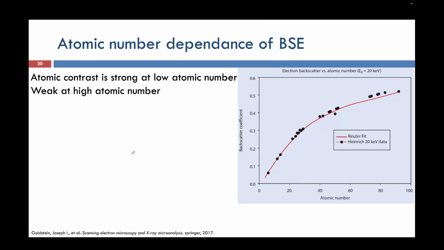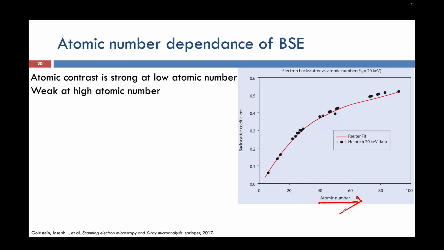And now we will see the atomic number dependence of the backscatter coefficient. This is the curve. I think someone in the previous class asked why we see phase separation when using BSE mode. This is an experimental curve. Here, as we increase the atomic number, the backscatter coefficient also increases.